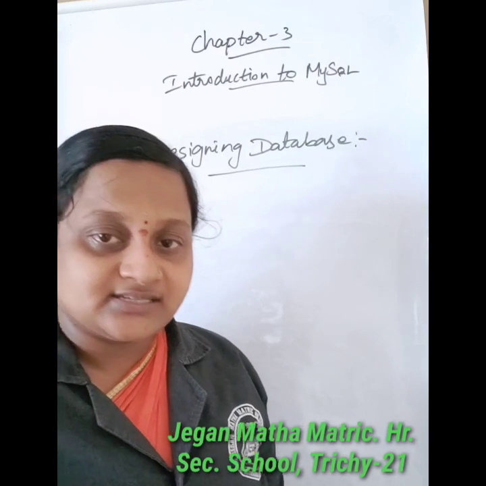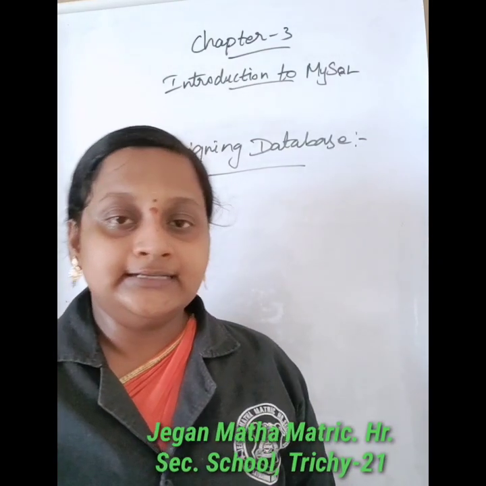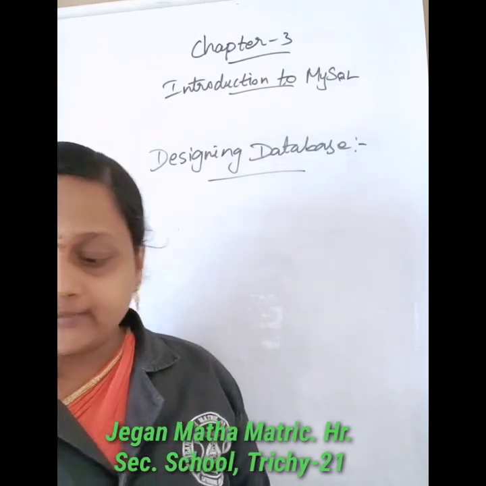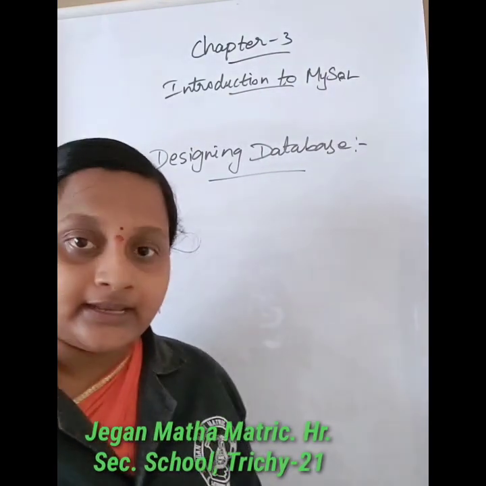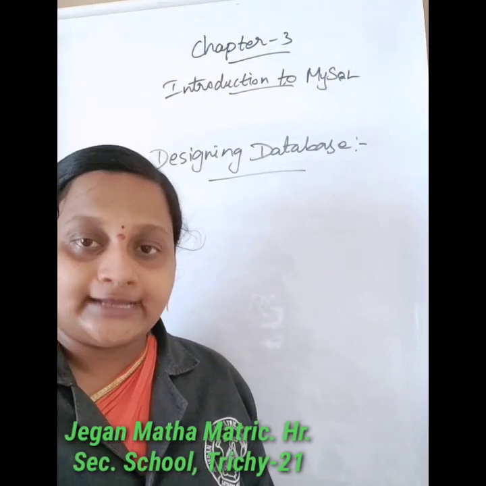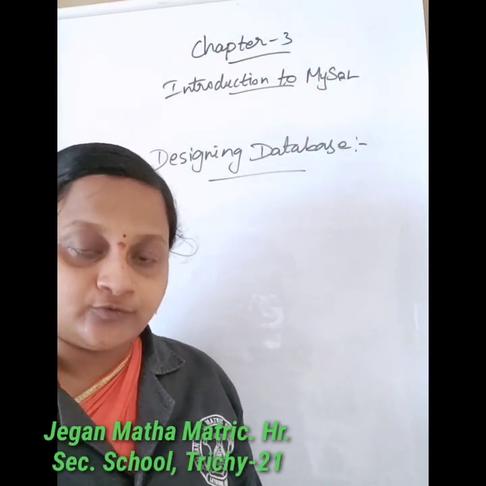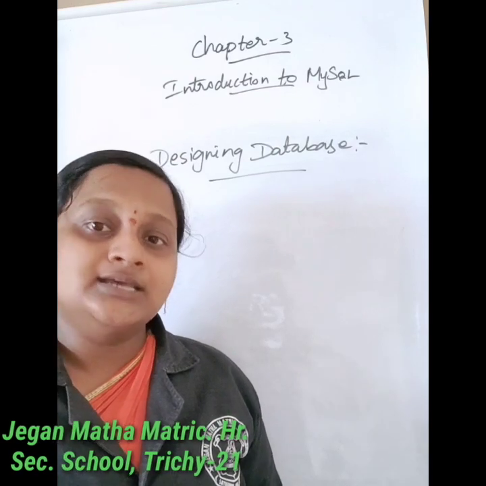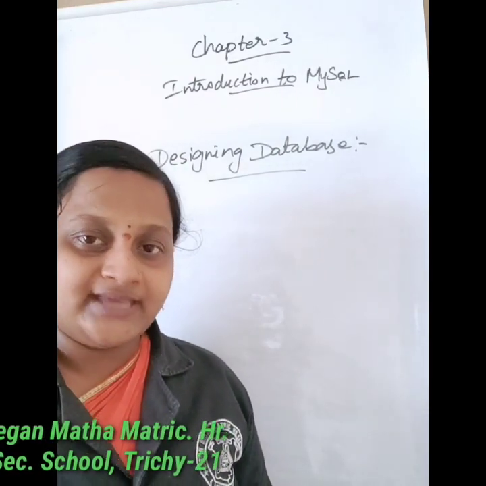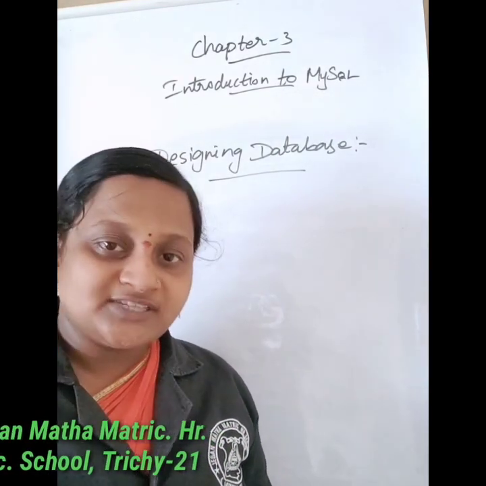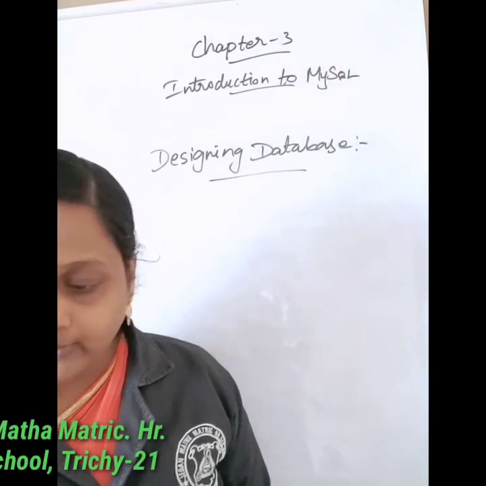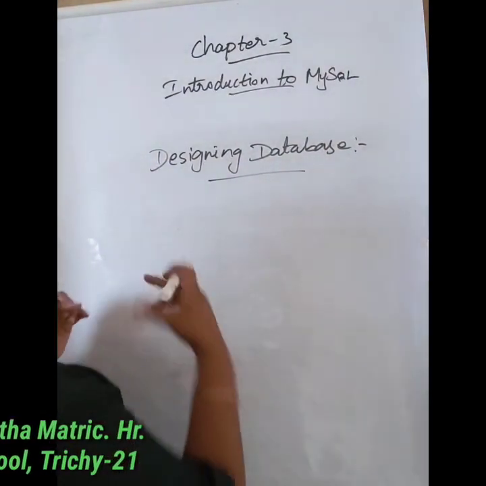MySQL is the best software for designing a database. Create a conceptual design. That means the primary goal is to create a database. We need to follow some conditions, that is creation of a database, tables, columns, data types, etc. So next we are going to start with creating a database.